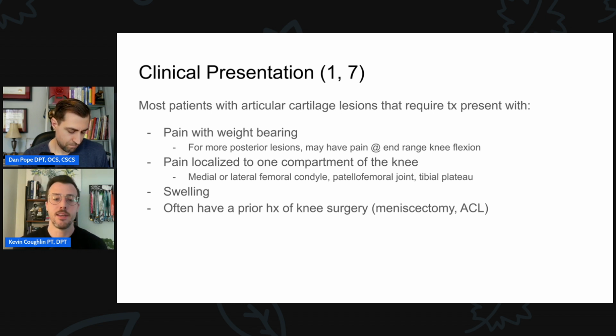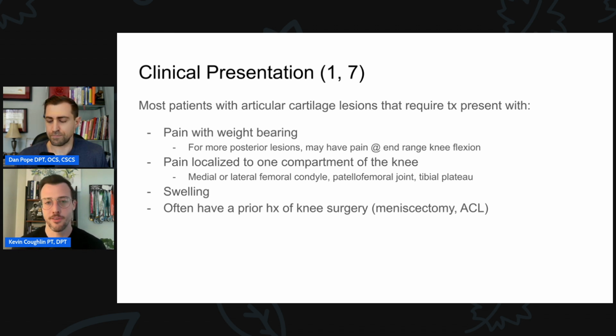Swelling, and then the big thing that I said is they often have a prior history of a knee surgery. So if you see diffuse pain around the patellofemoral joint, and you have someone coming in who's a runner, no prior history of surgeries, it's probably patellofemoral pain, right? It's probably not widespread cartilage damage.